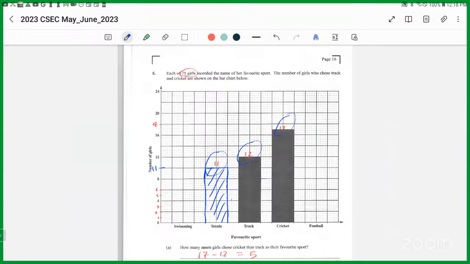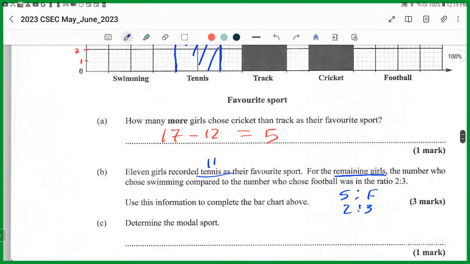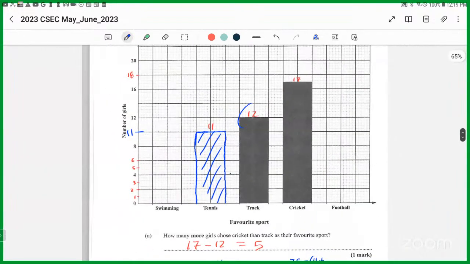That's the remaining girls that we have so far, and we're going to break this in the ratio 2 to 3 between swimming and football. So the remaining girls they have to put in the ratio 2 to 3 is 75 minus the sum of these 3. Let's do it up here. The remaining girls: 75 minus the 11, that was the tennis, the 12 and the 17.